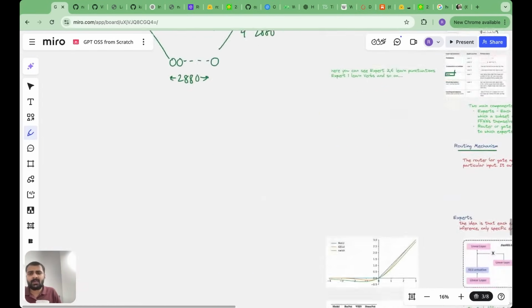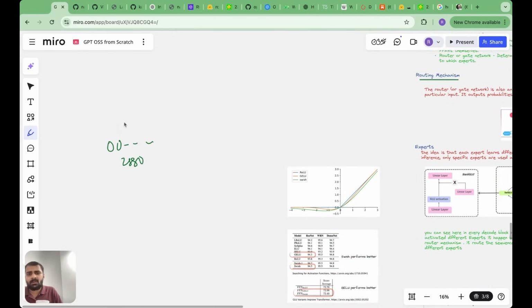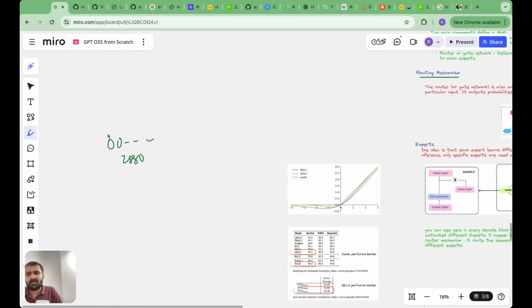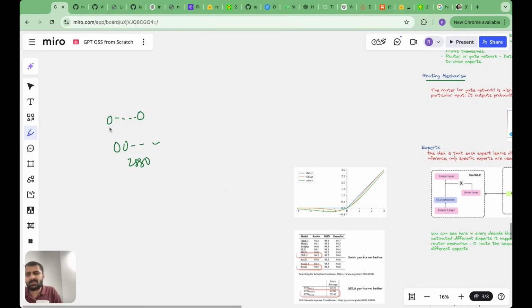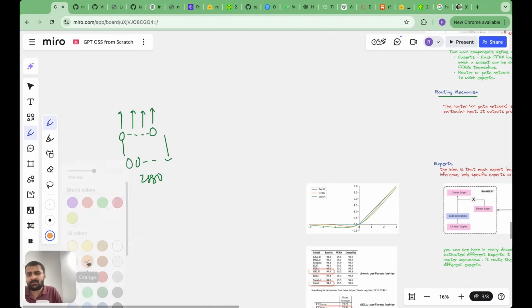So what they do is you have, let's say, this 2880 dimension, and then you have a linear layer, which projects it into another hidden dimension, which is the same as 2880, and then you have an activation function, right? This is one linear layer, which I'm calling L1. They actually have another linear layer, L2, where you have the 2880 dimension input.